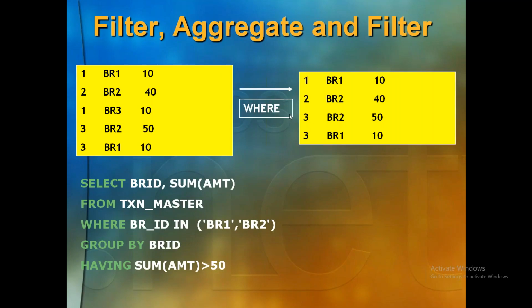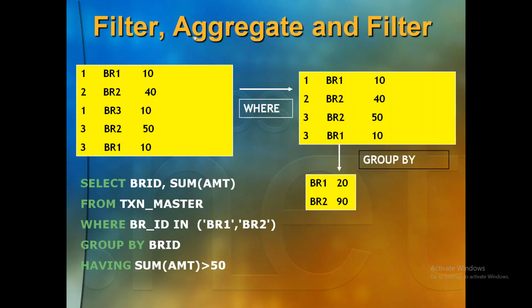Now, after the where clause is applied, I told you group by is going to happen. Group by means BR1 is one group, BR2 is one group, and summing is also going to happen. That is what is called group by and aggregation. BR1 10, 10, 10 plus 10 is 20. BR2, 40 and 50, 90.